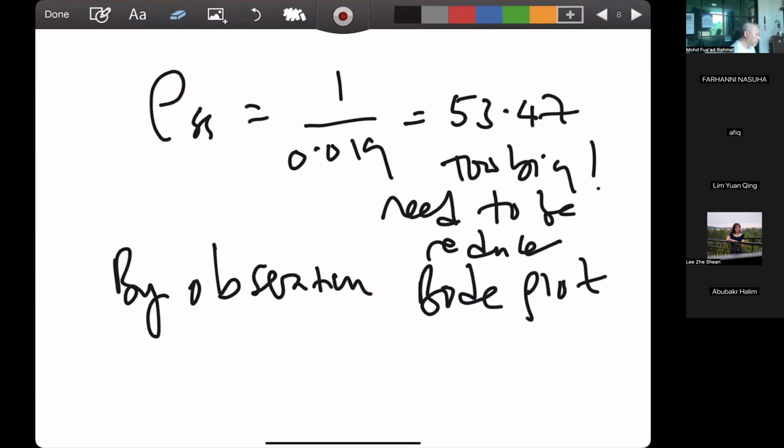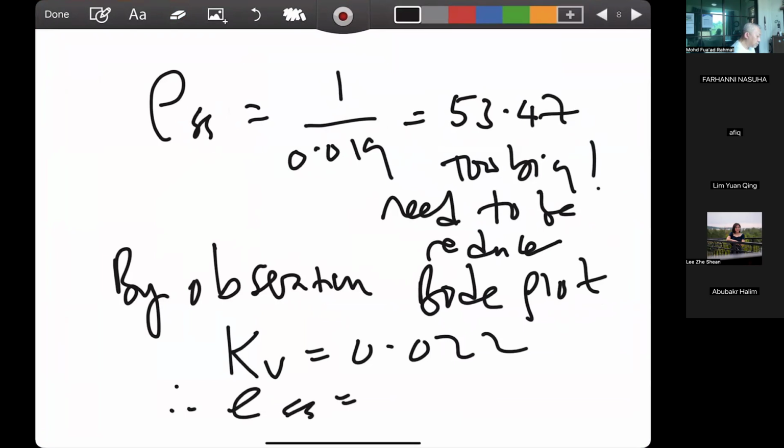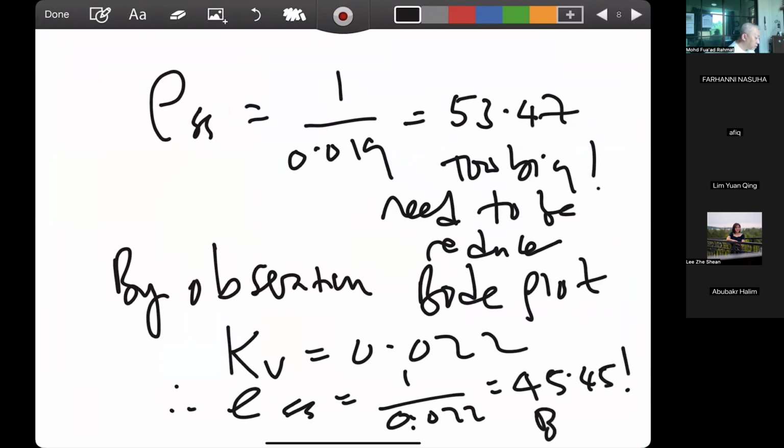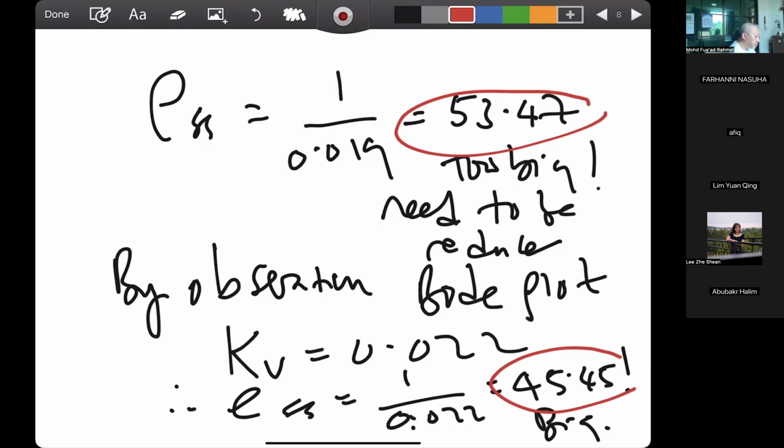KV 0.022 equal to 45.45. So we can compare lah, 53 by formulations, 45 by observations. Okay, it's very big.